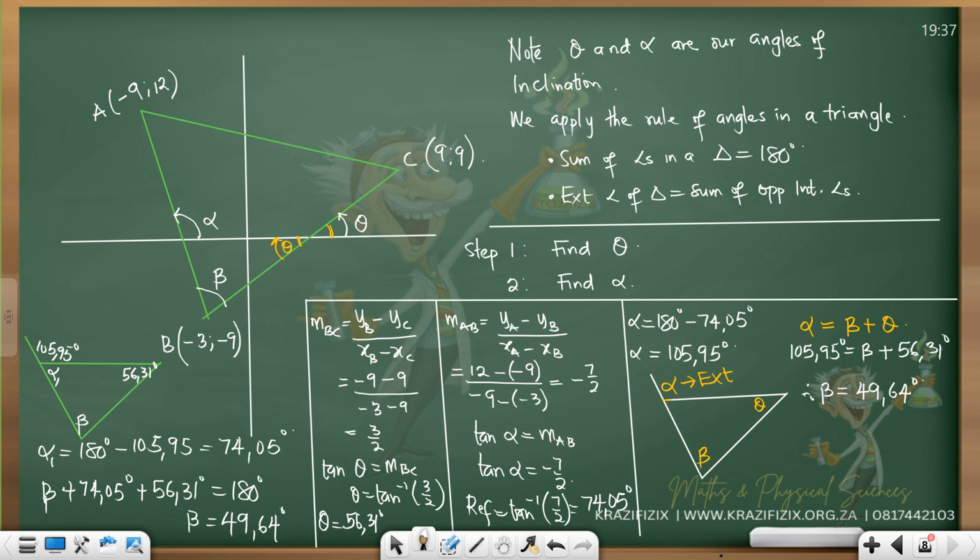Then we looked at 6 points. Formula of gradient, equation of a line, parallel lines, collinear points, perpendicular lines, and the angle of inclination. Please, I just want to try to see as many concepts as I can. You need to sit down, please master this, because when we pull up questions together now, I'm going to... Can I move forward?